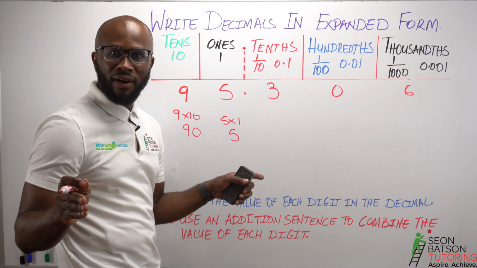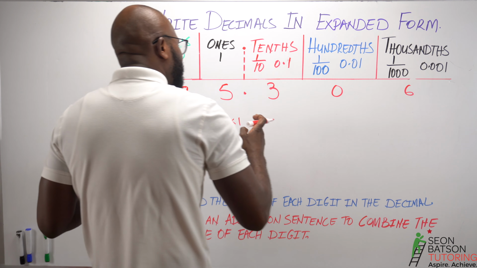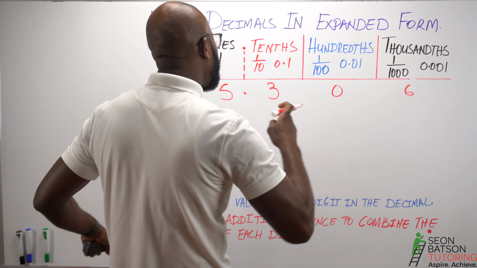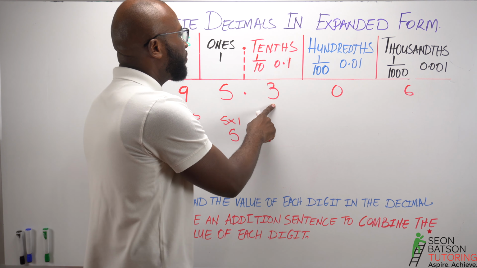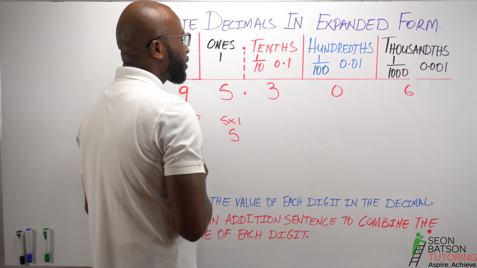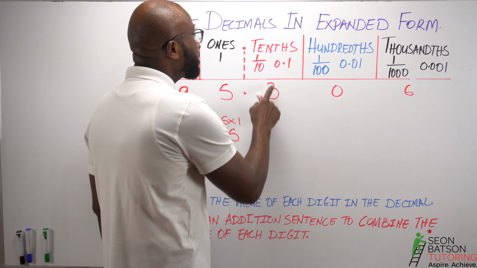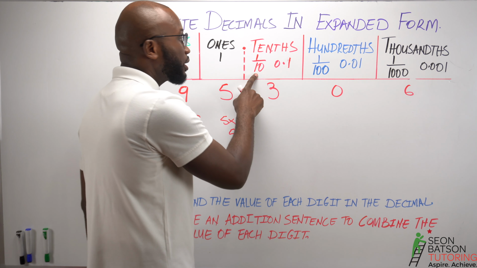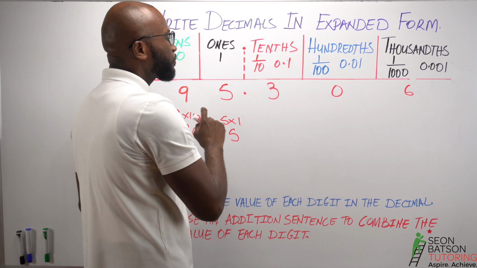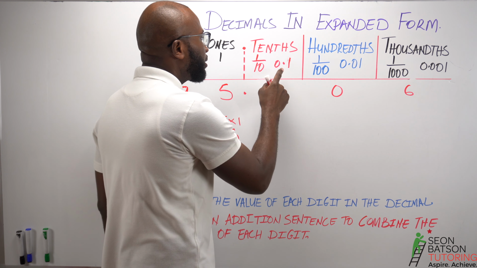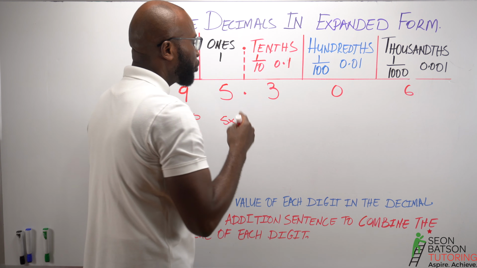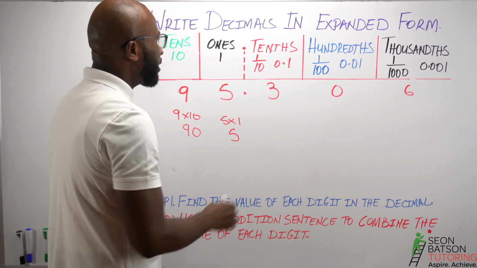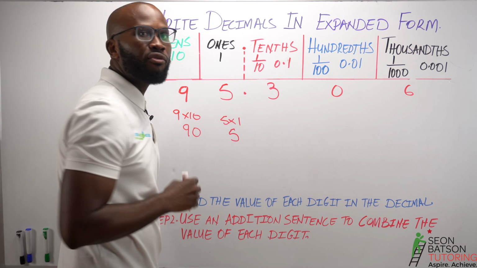How are you feeling so far? All right. Now, let's move behind the decimal point. We want to find the value of the 3. Since the 3 is in the tenths place, we can multiply 3 by the fraction 1/10, or 1 over 10, or we can multiply 3 by the decimal, 0.1, which is also 1/10. Well, in this example, we will multiply by the fraction.